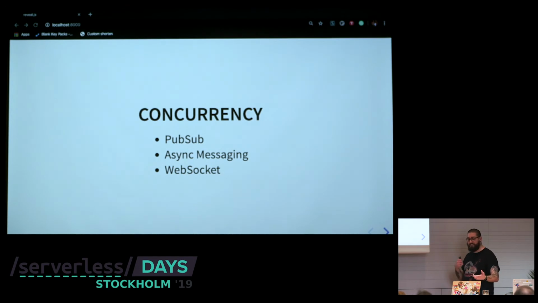Because instead of having a persistent connection that you're keeping open until you finished your workload, you could just send a message or send a request, distribute it between services using either PubSub or async messaging.